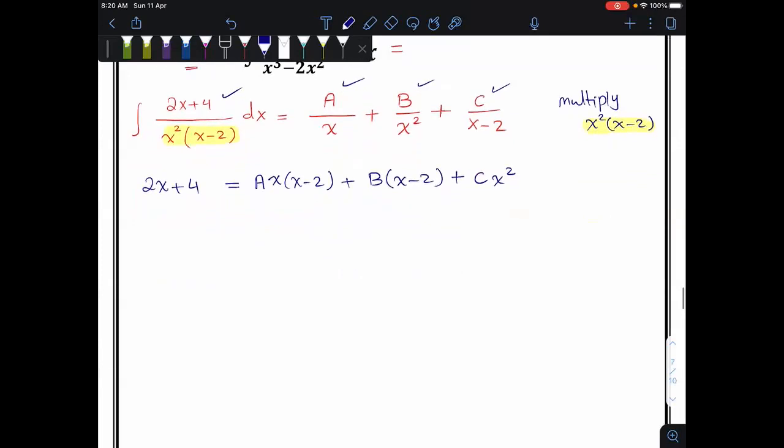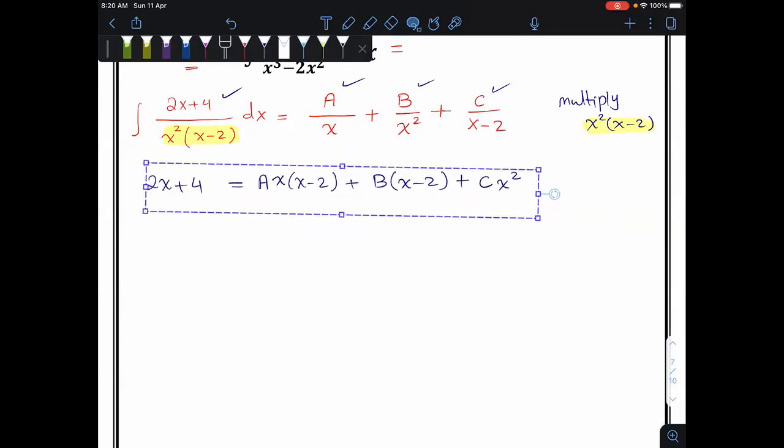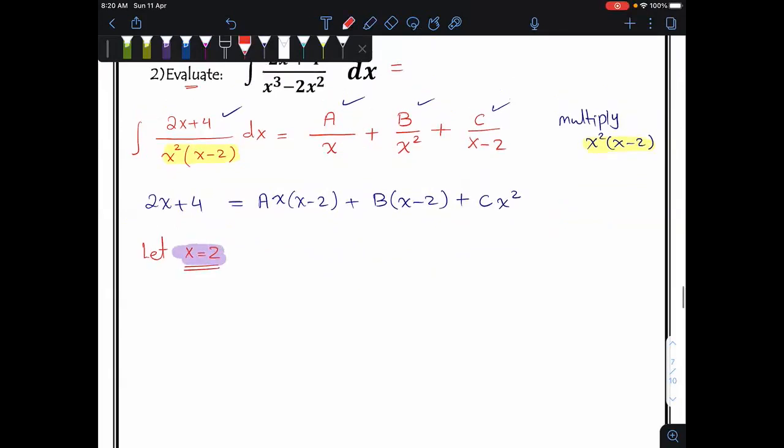Next step, I will try to find a, b, c, the constants. Yes, who can find with me, guys, the constants? Easy step. If we let x equal 2, Faris with me? Yes, let x equal 2. Can you repeat the previous step again? Multiplying here by x squared times x minus 2.